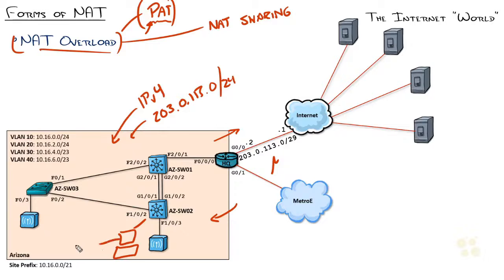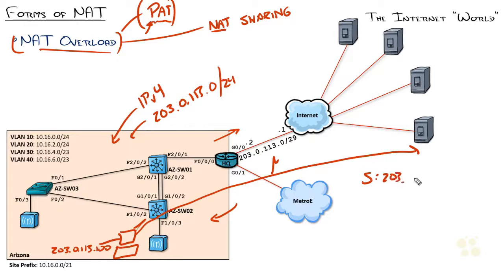And we said, okay, you, computer, actually get a full-on public IP. Let's just say 203.0.113.100 is your IP address, right? If we did that, we would have no need for NAT. This guy would go out to the internet and say, hey, I'm coming from a source of 203.0.113.100 with a port number.